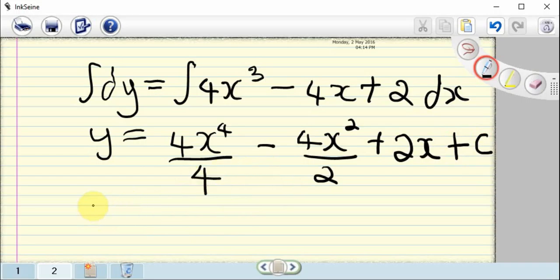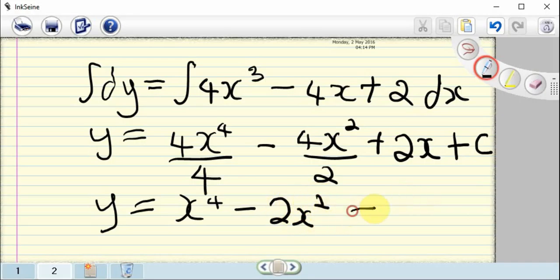Let us clean this up to make it a little neater. So y is equal to x to the fourth minus 2x squared plus 2x plus c. Alright, so we have finished integrating.